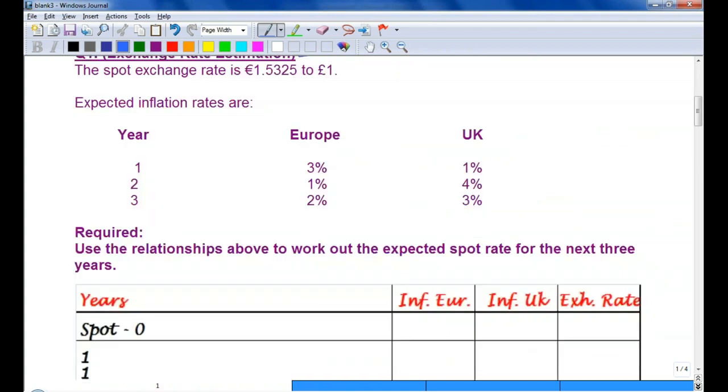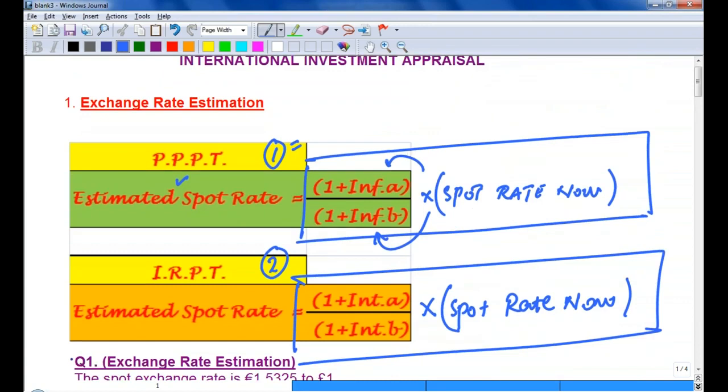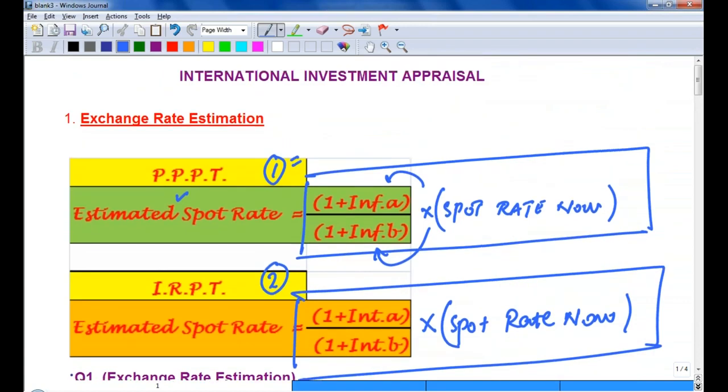So I know that there is a confusion: what is the meaning of inflation A and inflation B? Candidates, it depends on how the exchange rate data is given. For example, in my example, the exchange rate is given in terms of Australian dollars over UK.